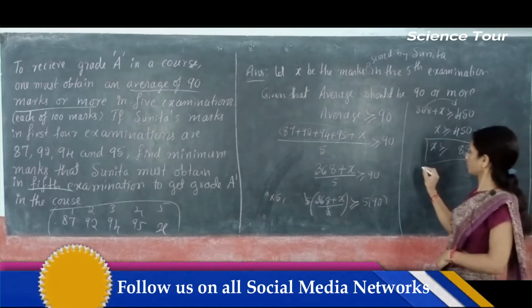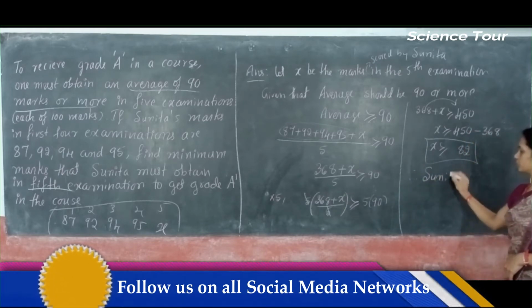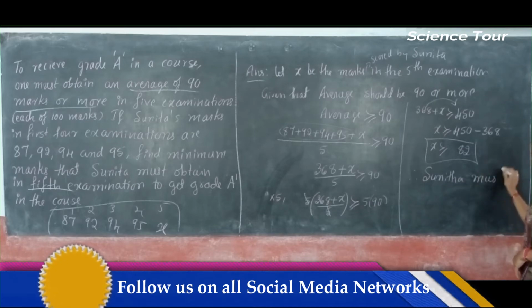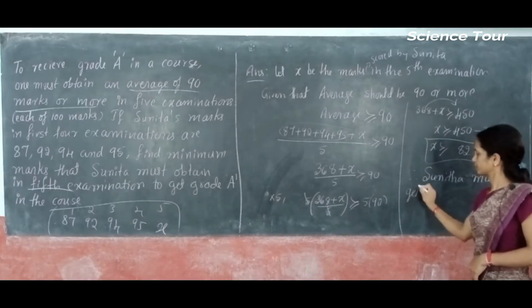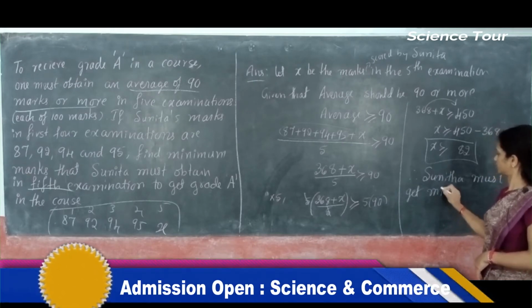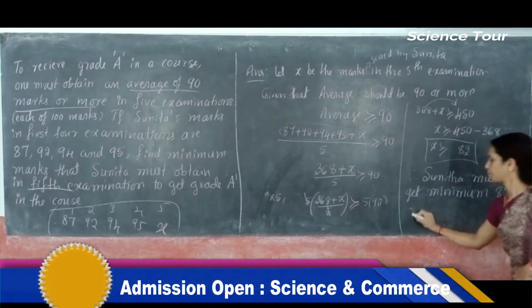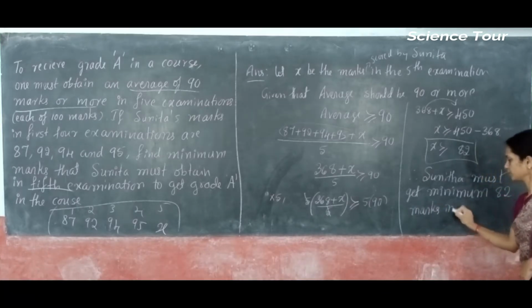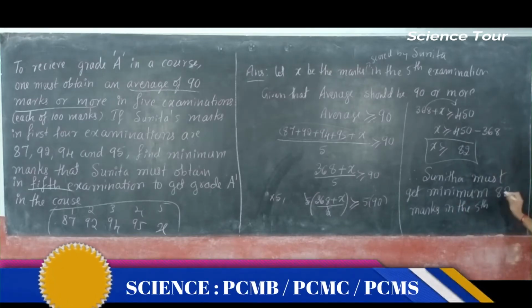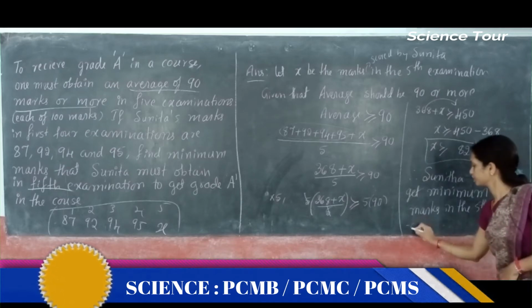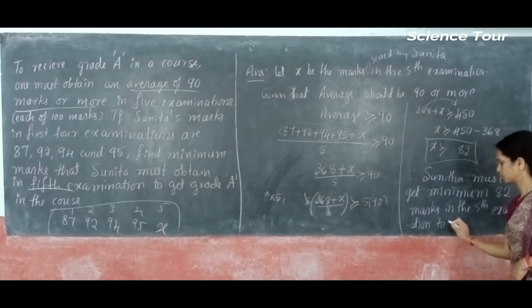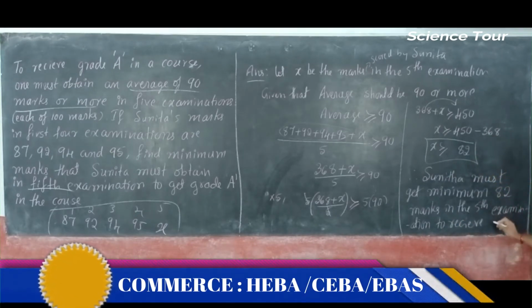Therefore Sunita must get minimum 82 marks in the fifth examination to receive grade A in the course. Okay, thank you.